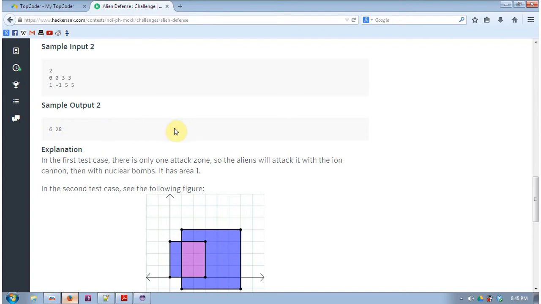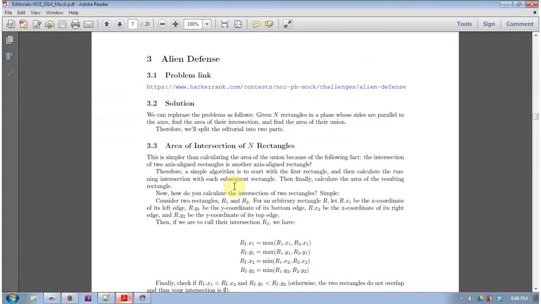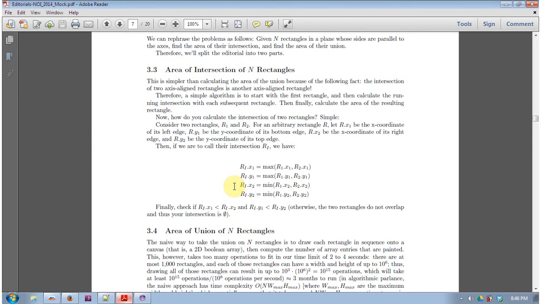So let's start. Let's do this in 2 parts. For the first part, we deal with the intersection of n rectangles. We compare 2 rectangles at a time. An intersection of a rectangle and another rectangle is just a rectangle, provided that the intersection is not null.